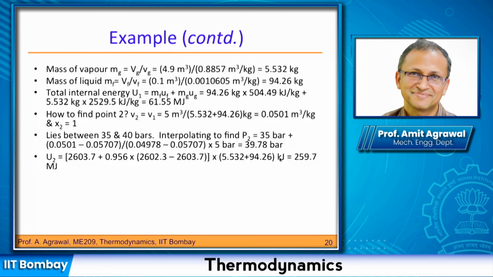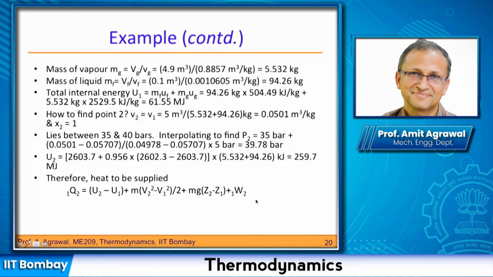So from here you can find out my U2, and therefore the heat to be supplied is, of course, this is the equation that we are using now. This is coming from the first law of thermodynamics. Here it is very clear that there is no amount of work which is done. There is no moving thing here. There is no shaft. So there is no work which is involved.